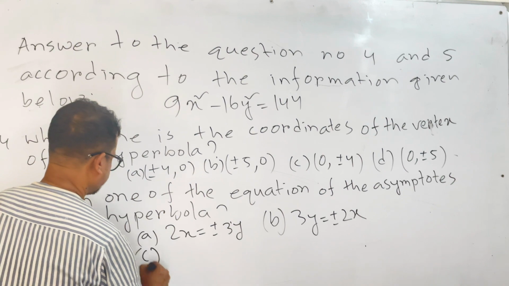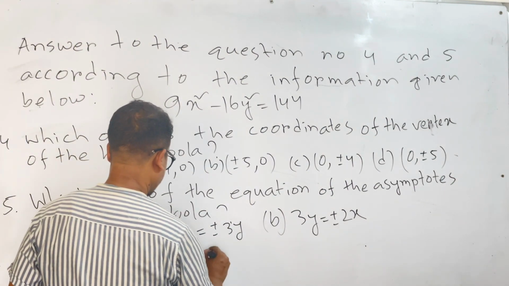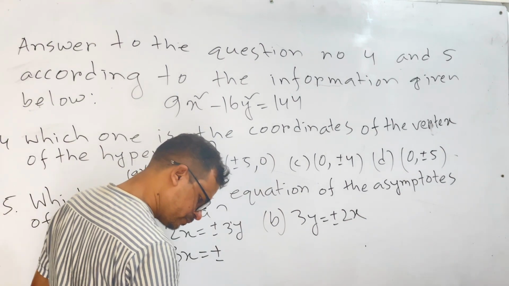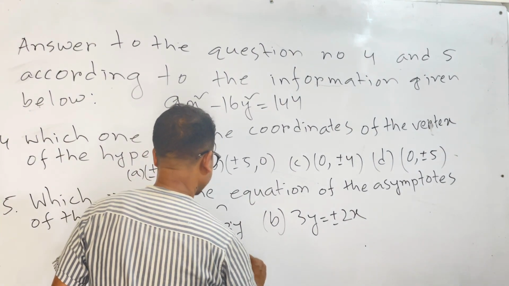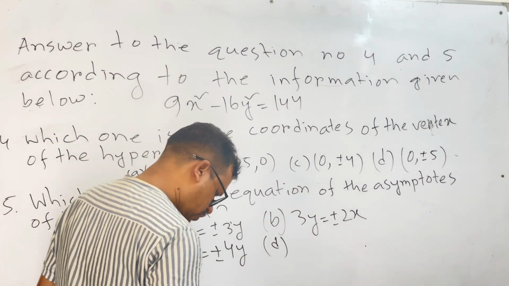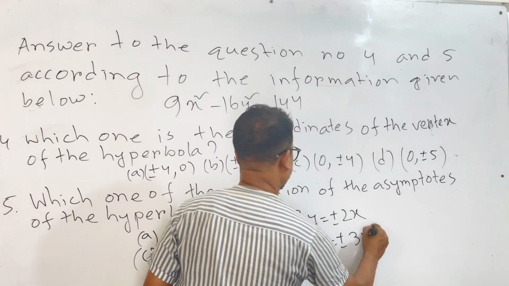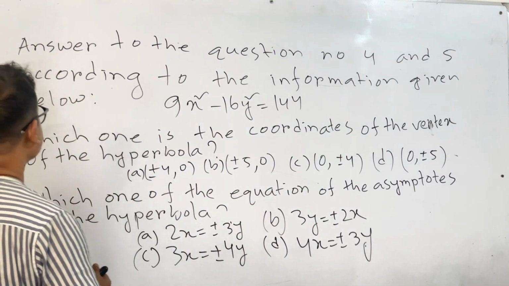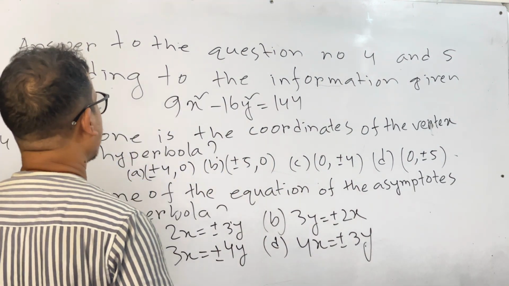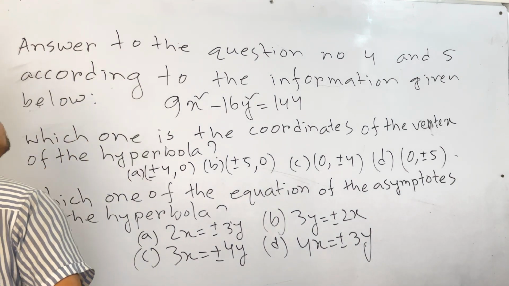C, thrice x equal to plus minus 4y. D, 4x equal to plus minus thrice y.